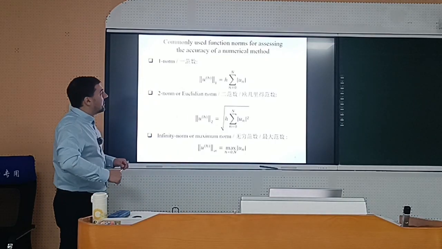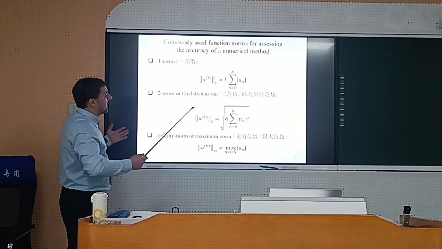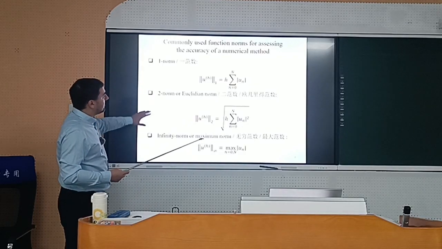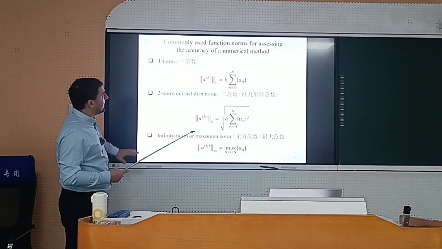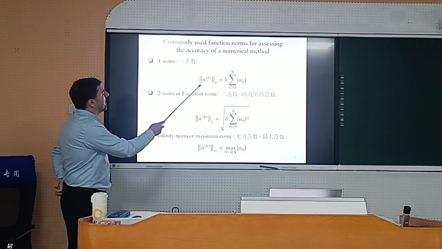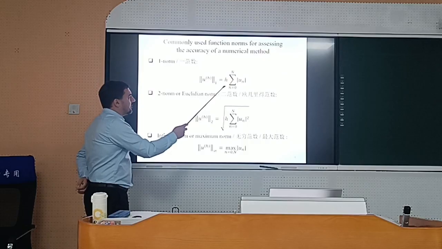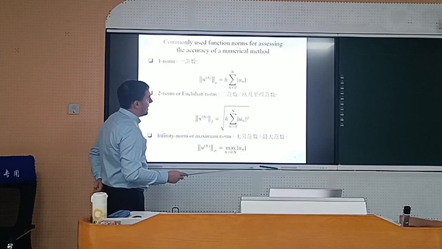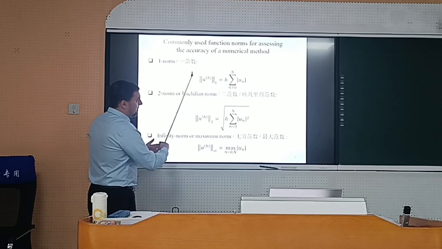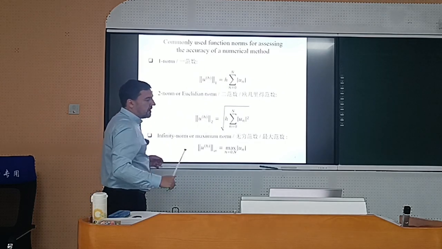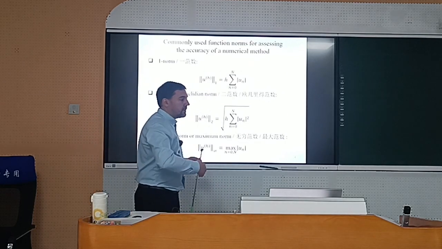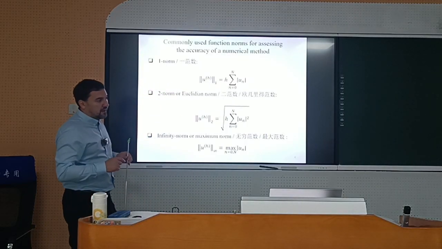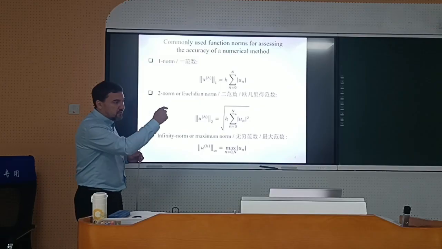First of all, we should choose the norm with which we will work. The most commonly used norms are here. The one norm is the following: h multiplied by the sum of absolute values of our function. Suppose we have a segment, for example from 0 to 1, and a grid, a set of nodes on this segment, and we know the value of our grid function at each grid point.